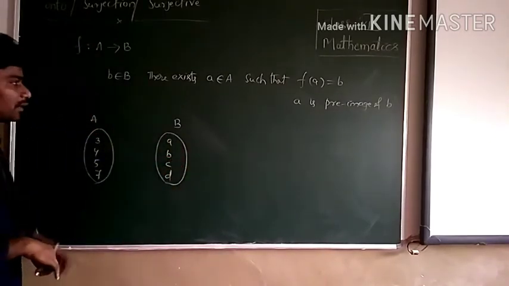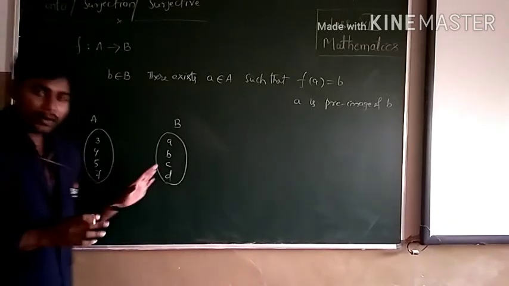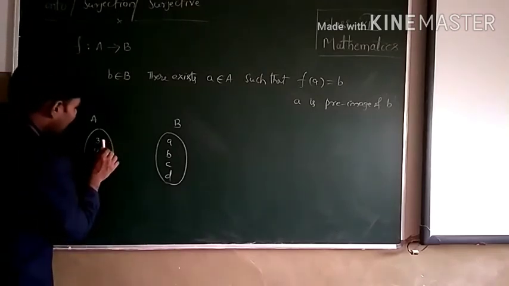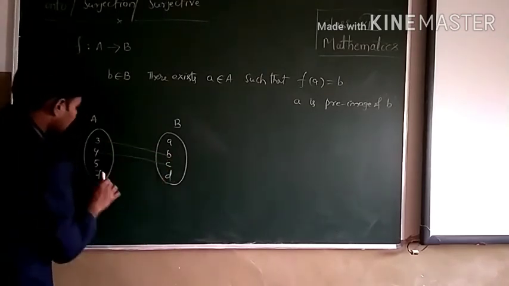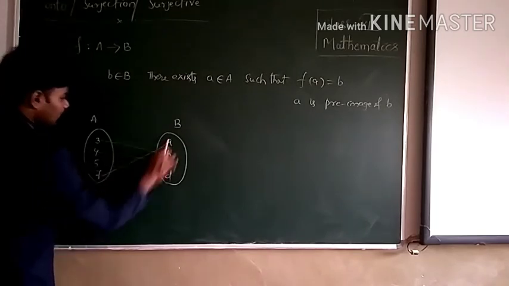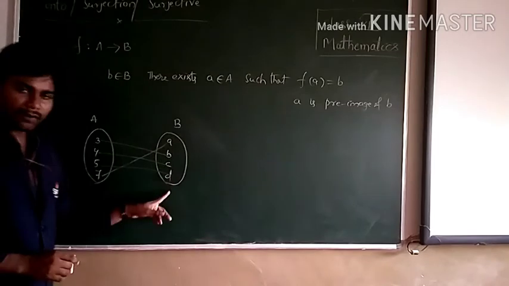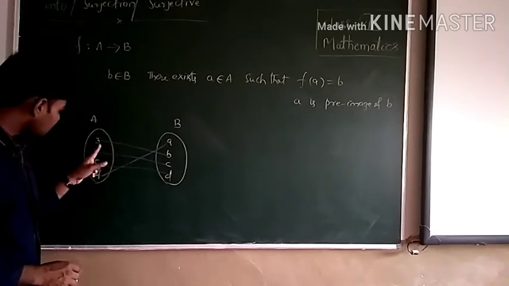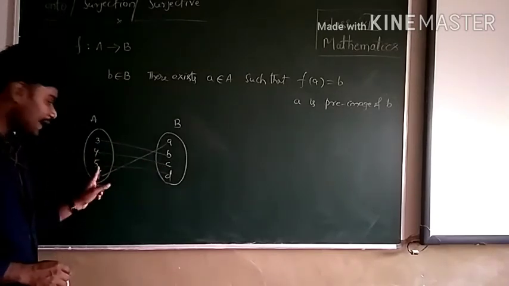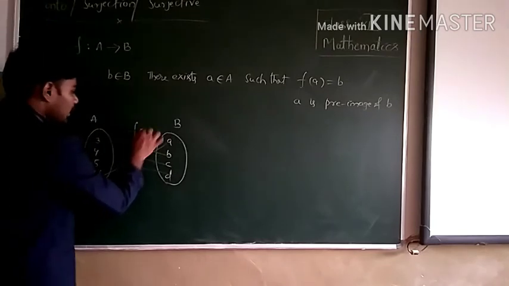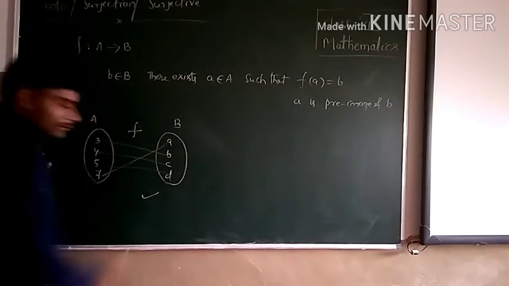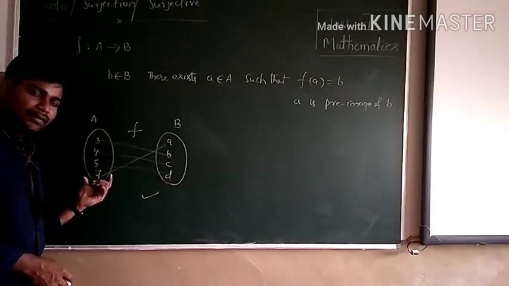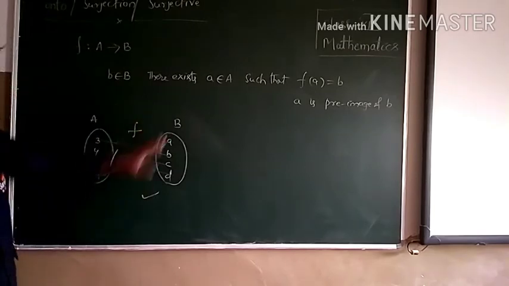What we said? Every element of B has one pre-image in A. So I mapped like this. Observe the condition: every element of B has one pre-image in A. So a has the pre-image 7, b has pre-image 3, c has 4, and d has 5. So this function is said to be an onto function, because every element of B has a pre-image in A. That's why f: A to B is an onto function.